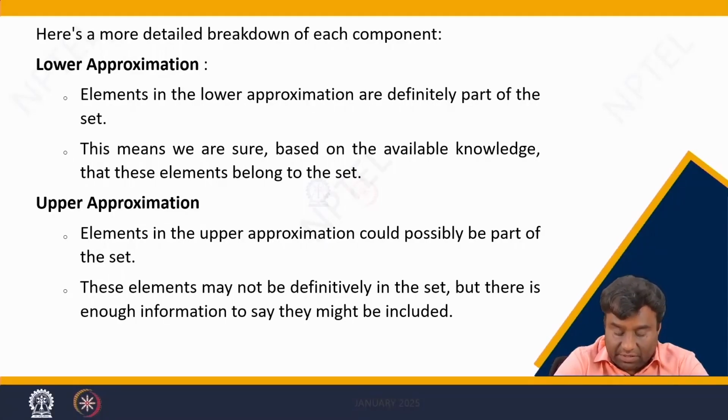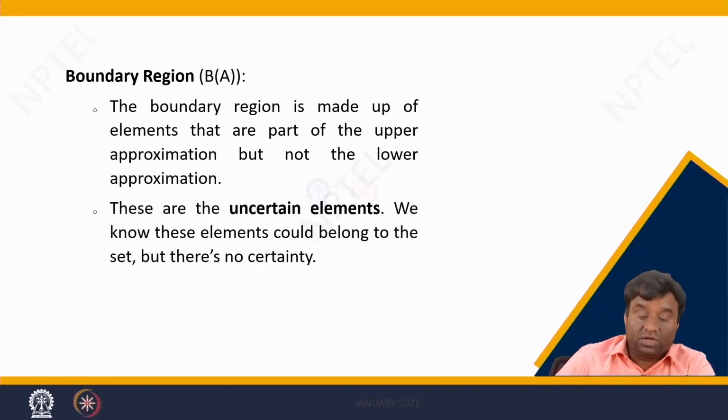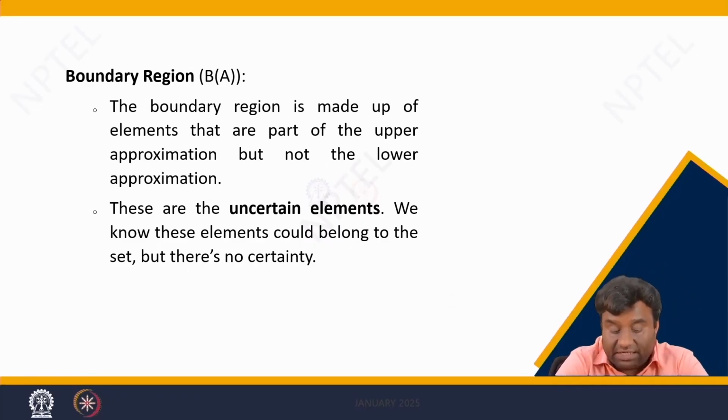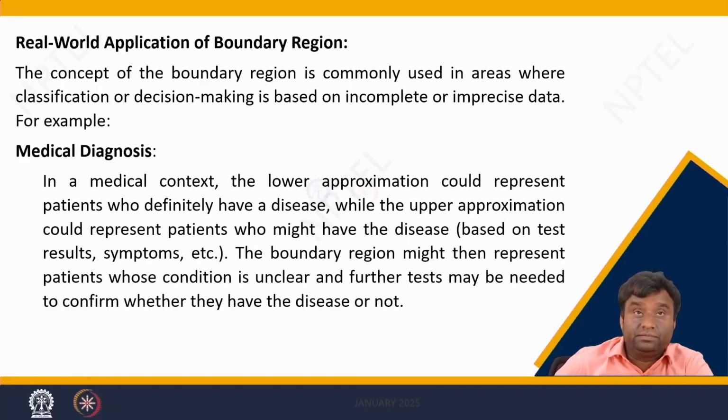These elements may not definitely be in the set, but there is enough information to say they might be included. Boundary region: the boundary region is made up of the elements that are part of the upper approximation but not in the lower approximation. These are the uncertain elements. We know these elements could belong to the set, but there is no certainty.